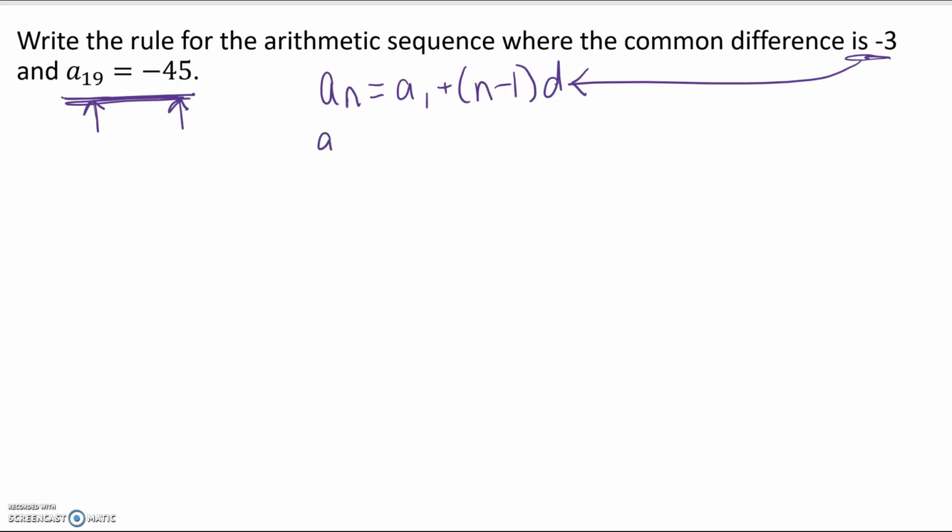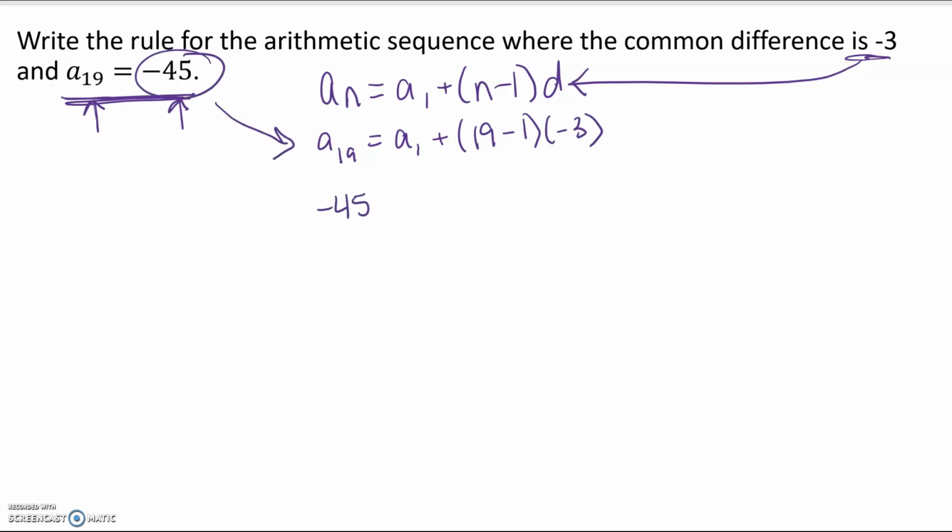So I'm going to say the 19th term is equal to our first term, because we don't know what the first term is, plus 18 times our common difference, negative 3. And we said our 19th term is negative 45.